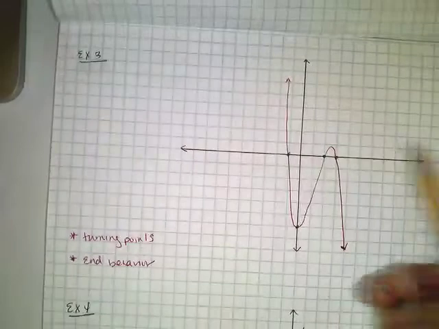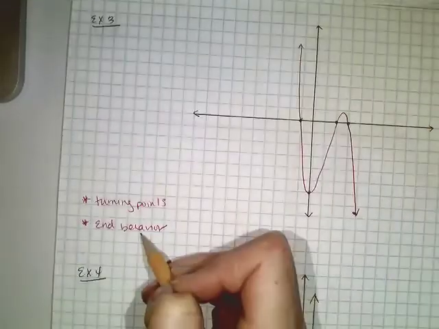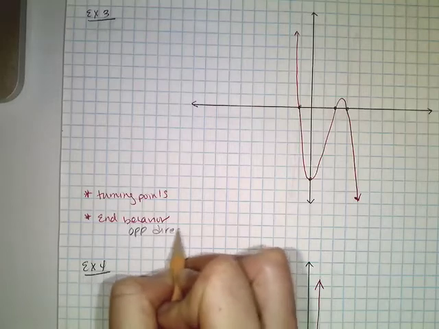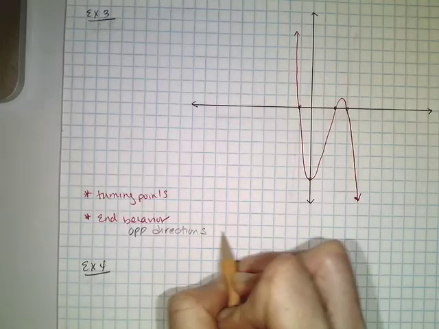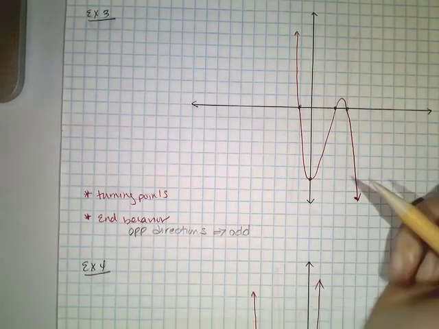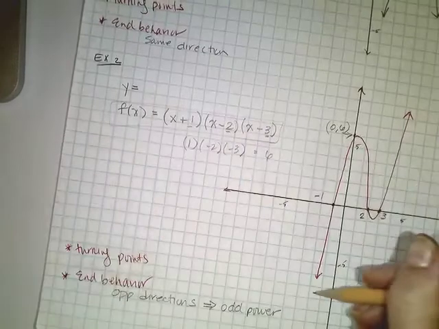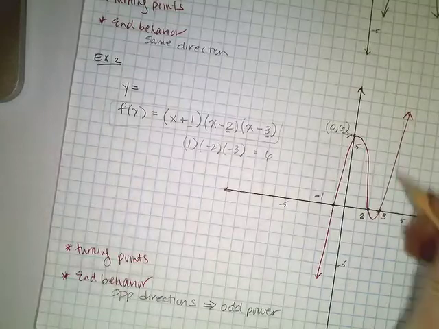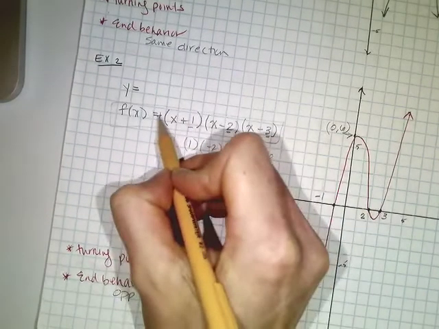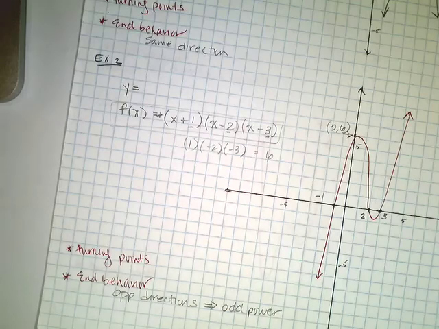So again, we have end behavior. It's going in opposite directions. Okay, so that means it's odd. The only thing though is like in this last one, we started at -infinity and we ended up in +infinity, and we essentially had a positive function.